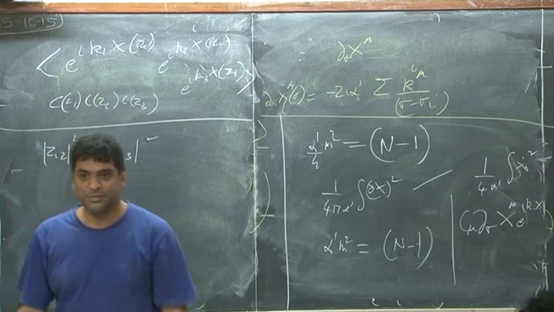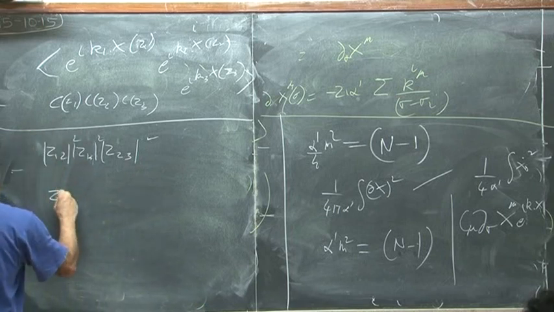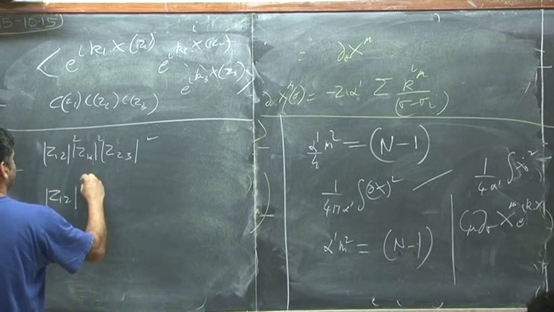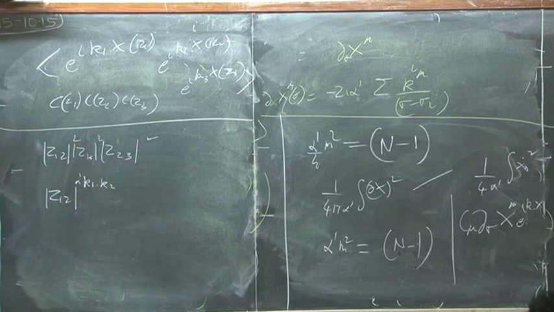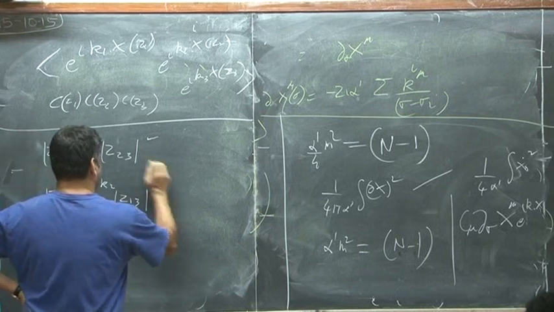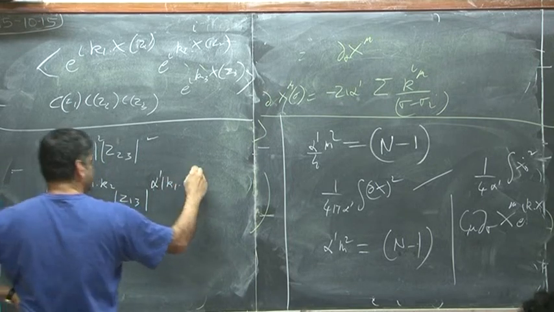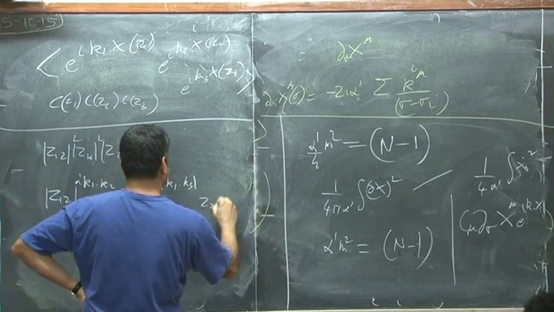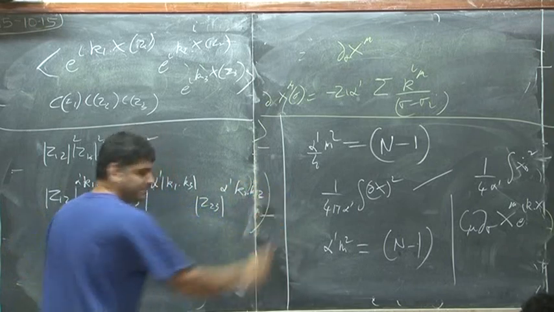Well, in the early part of the lecture, we learned how to do it. We got that they were z12 to the power alpha prime k1 dot k2, z13 to the power alpha prime k1 dot k3, and z23 to the power alpha prime k2 dot k3.